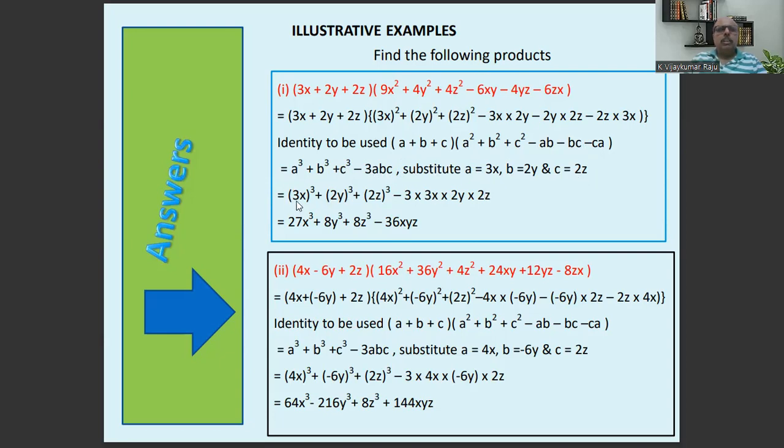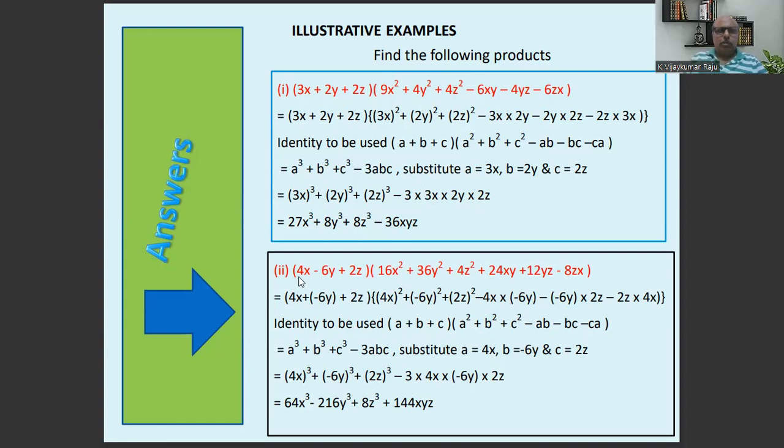So the answer will be 3x cube plus 2y cube plus 2z cube minus 3 into 3x into 2y into 2z. 3 cube is 27x cube, 2 cube is 8y cube, 2 cube is 8z cube. 3 3s are 9, 9 2s are 18, 18 2s are 36xyz. So this is the expansion of this. This is such a big term, but when you multiply, you get this as the answer.